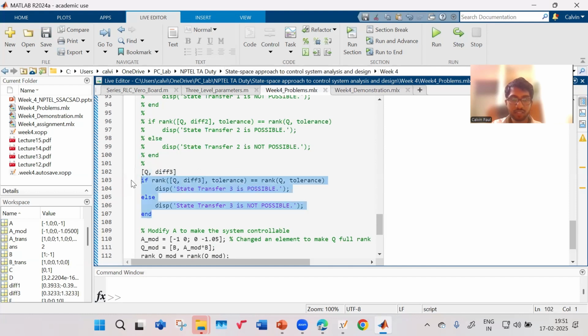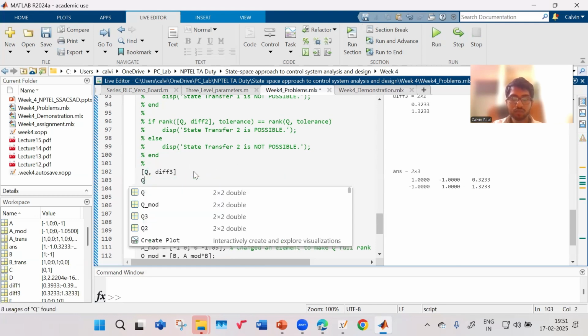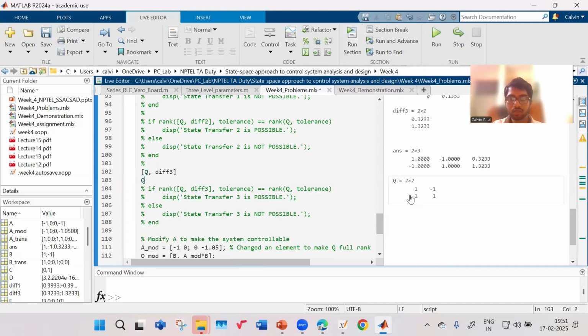Let me comment this out and check: what is Q comma difference 3? Q is given by this, 1 minus 1 minus 1 1, and difference of 3 is given by this. This is my Q and this is my difference of 3, right?